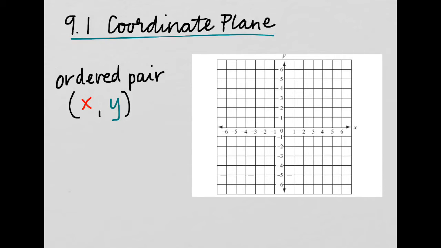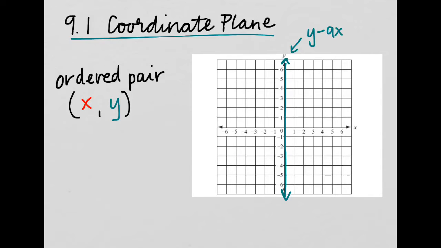So you probably don't have one of these to put in your notes, but you can sketch a quick picture. What we want to do is make sure we know some of these important spots on my graph. So I have this axis up and down here, and this is my y-axis. Let's label that.